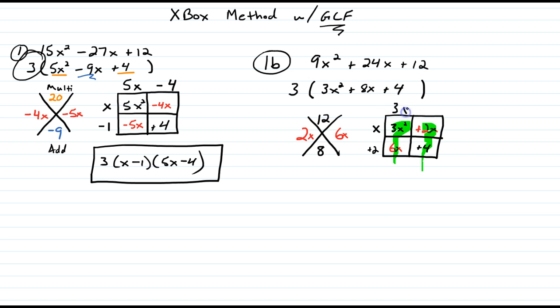And they both have an x, so you can take an x out. Here the small number can go into the big number, so you can take out a 2. Write your answer. Don't forget, you have to include this 3 that you originally took out.